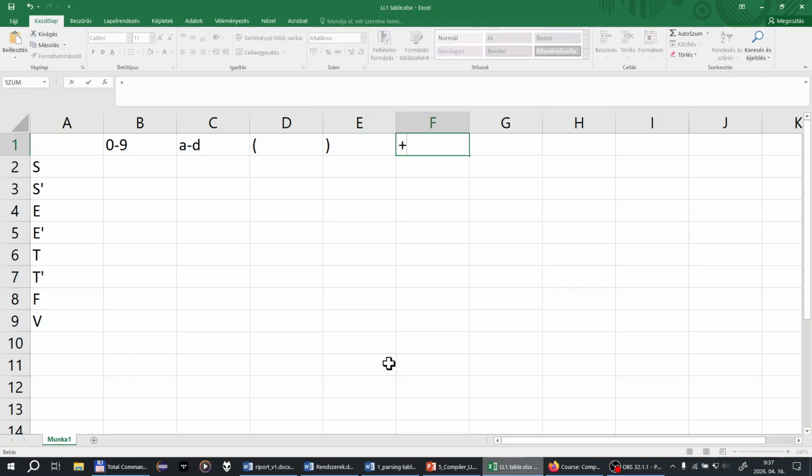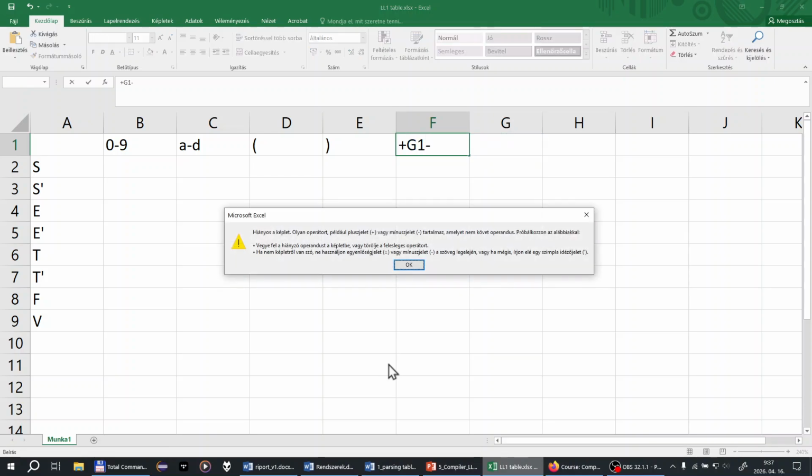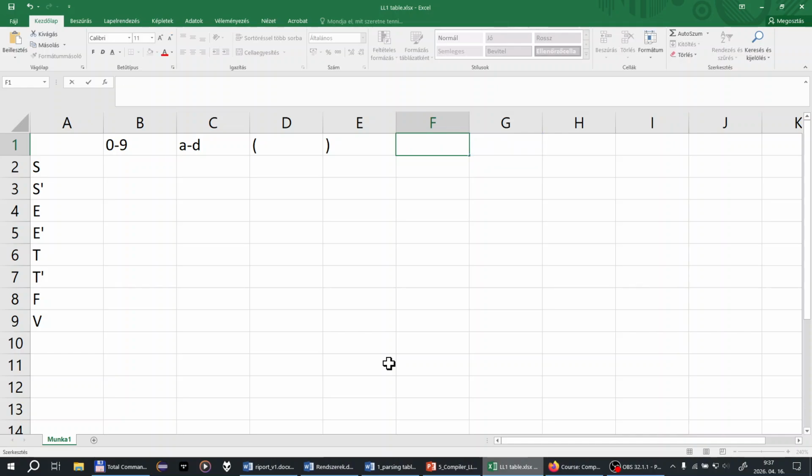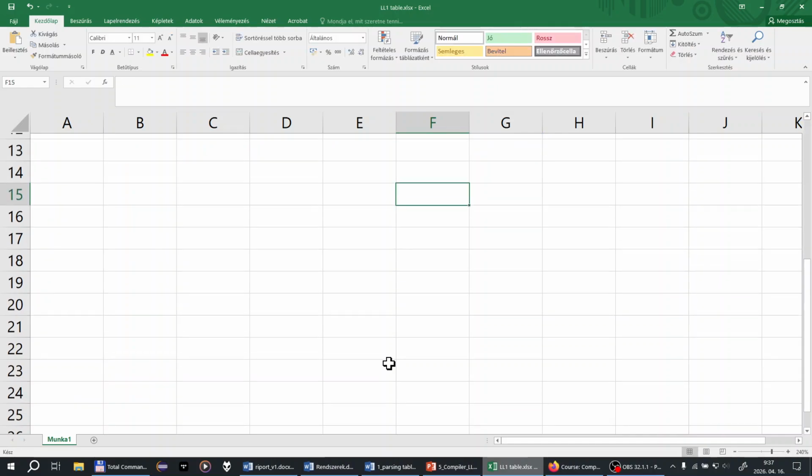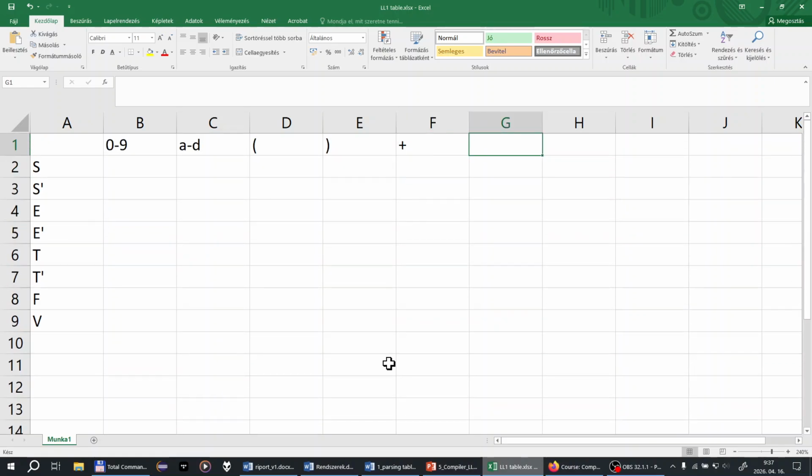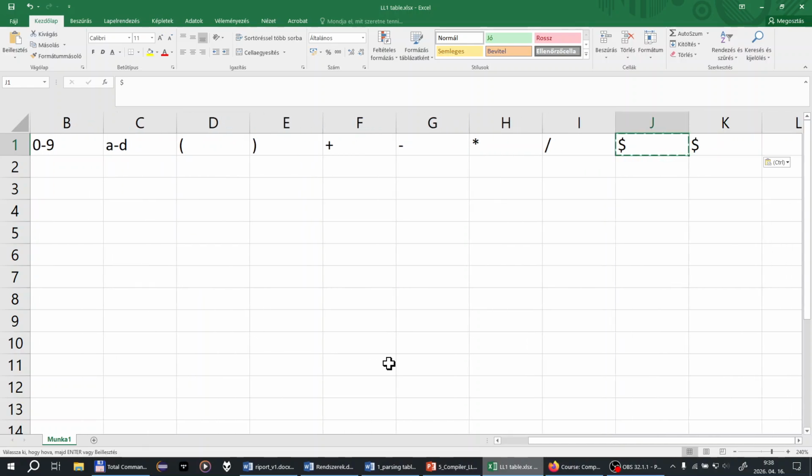We have plus, minus, multiplication, division, and the dollar sign, which means the end of the input, and we have print.